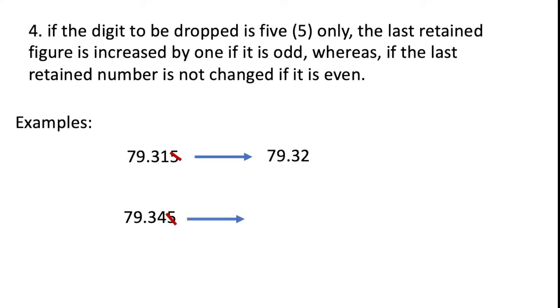So the value will become 79.34. So these are the rules of rounding off a number. When you round off a number, follow these rules to get the number closest to the one that we are looking for.